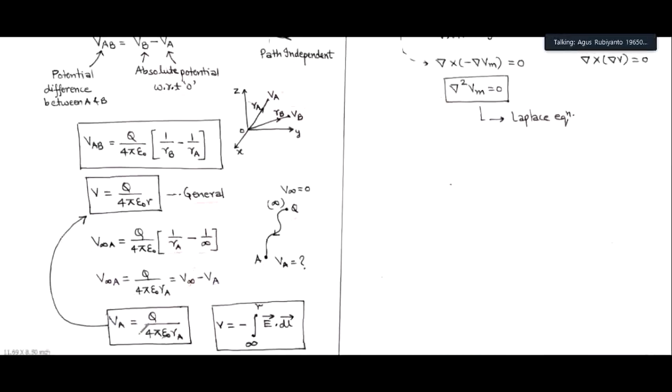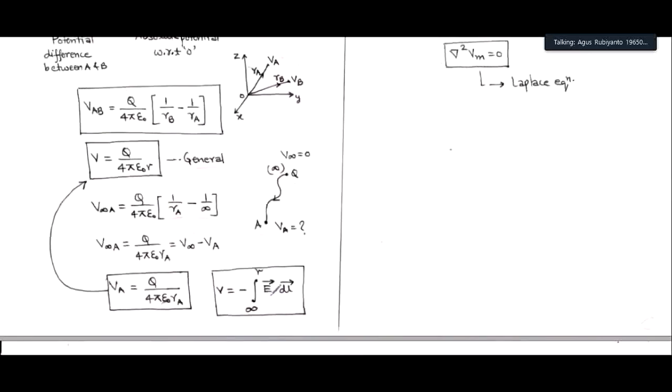So we can determine potential at any point A, and it is equal to Q upon 4 pi epsilon naught RA. Here RA is the position vector with respect to origin, and in general we can write V equals Q upon 4 pi epsilon naught R. And in terms of electric field intensity, it is equal to minus integration E vector dot dl vector, and the limit is from infinity to any position R. So this is about electric scalar potential.